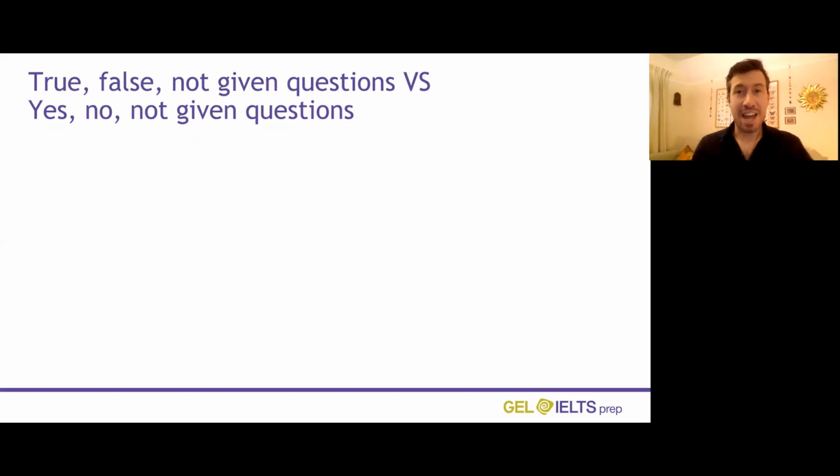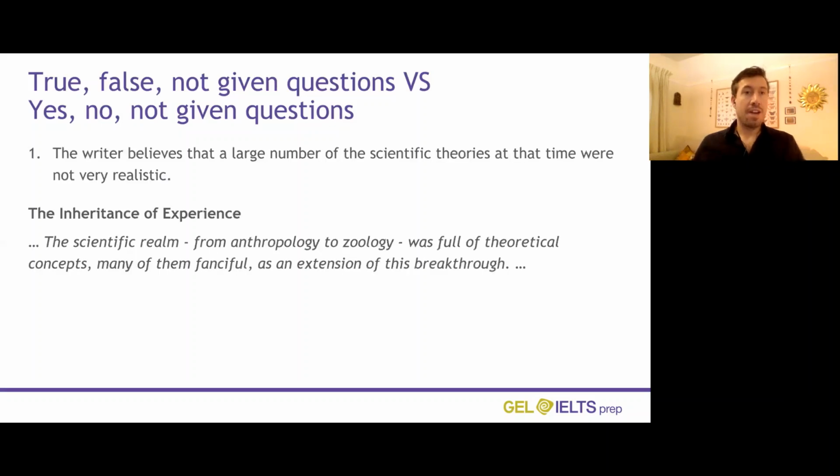So let's have a look at an example question. Well, here we've got the question and the part of the text that we're going to look at. So again, this procedure is the same as with true, false, and not given questions. So we still need to highlight the key words. So let's look at this together. It says the writer, and we can see it says believes.